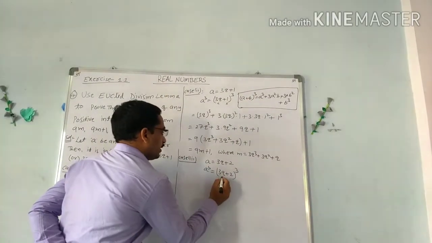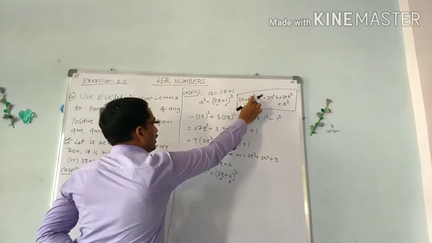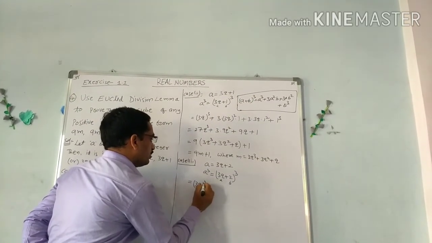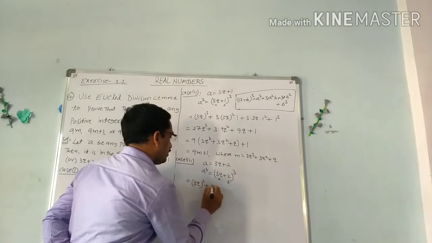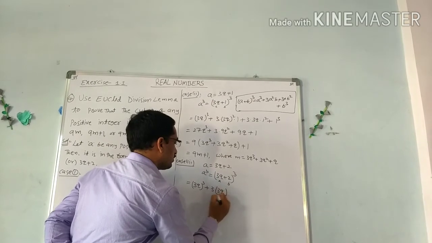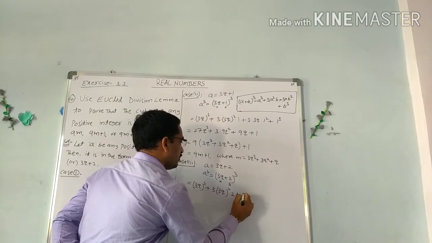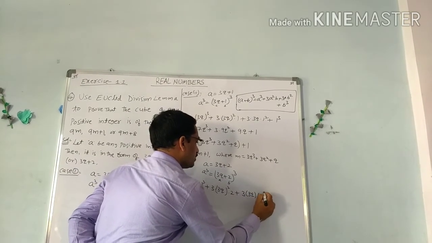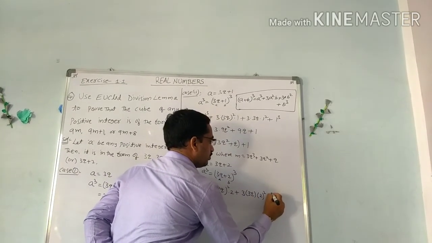So a value 3q, b value 2. We have to expand 3q whole cube plus 3 into a square, a square means 3q whole square, into b, plus 3a into b square, means 2 square, plus b cube, means 2 cube.